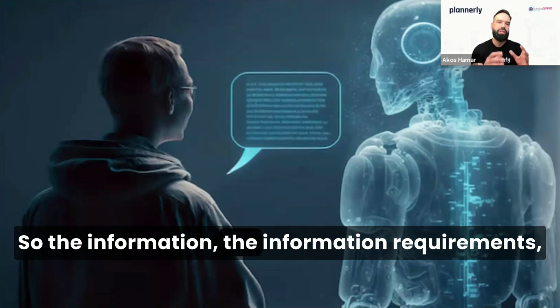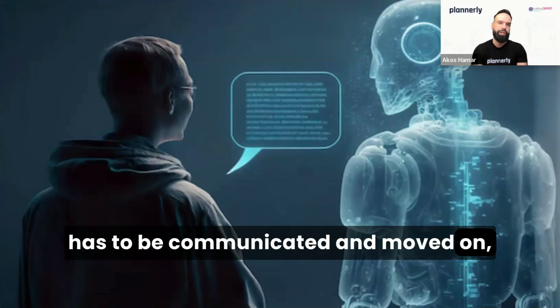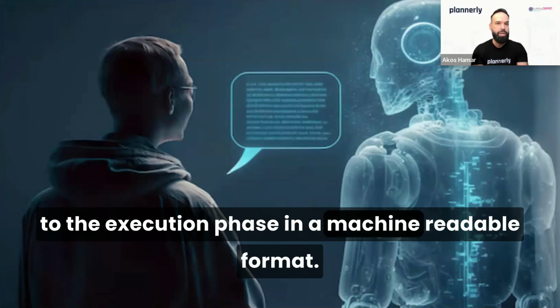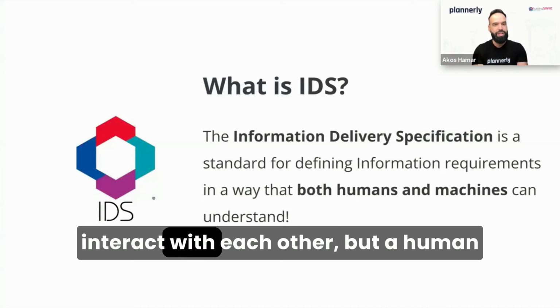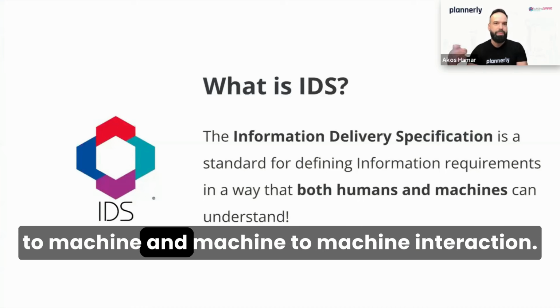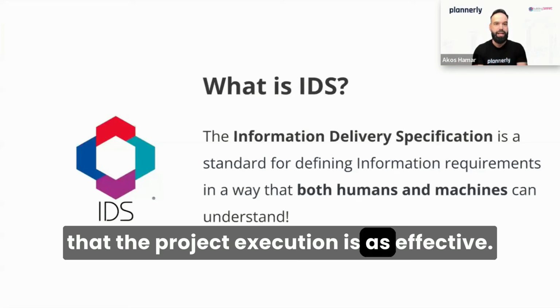So the information requirements, especially that we agreed on in the agreement phase, has to be communicated and moved on to the execution phase in a machine-readable format. The IDS is a standardized way to let humans interact with each other, but also human-to-machine and machine-to-machine interaction to make sure that the project execution is as effective as possible.